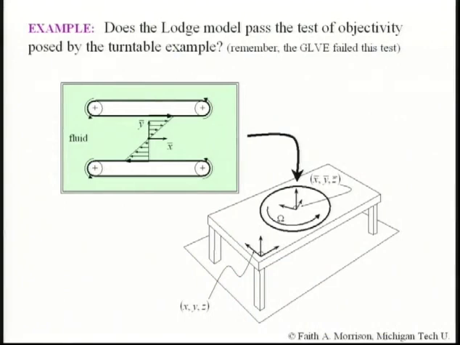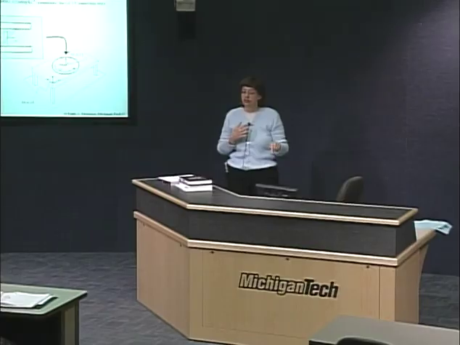We talked about the fact that the generalized linear viscoelastic model was wrong because when we did this turntable example, we got that the viscosity depended on the rate of rotation of the turntable, which is nonsense. Okay? And I said that was because the strain measure was wrong. So if that's right, then when I fix the strain measure, this should work. Okay? See what I'm saying?